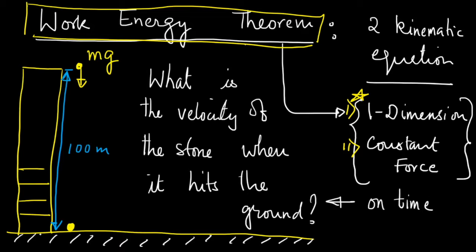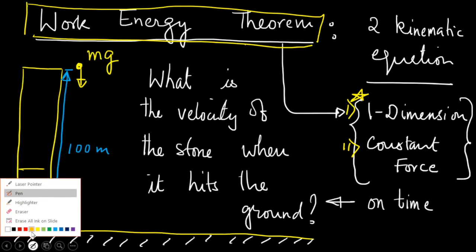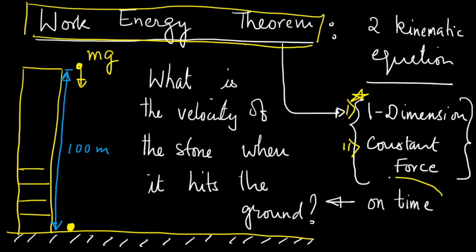Let me highlight that the question doesn't seem to care about time. When we talk about work and energy, we realize that the question is not asking us for information about time.